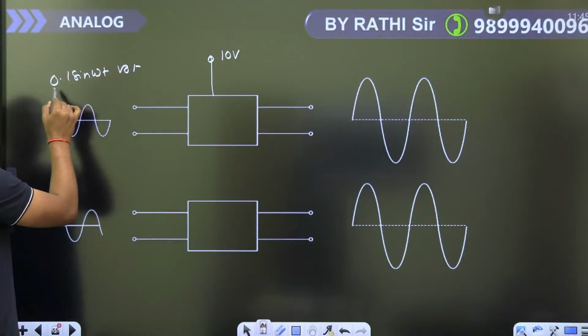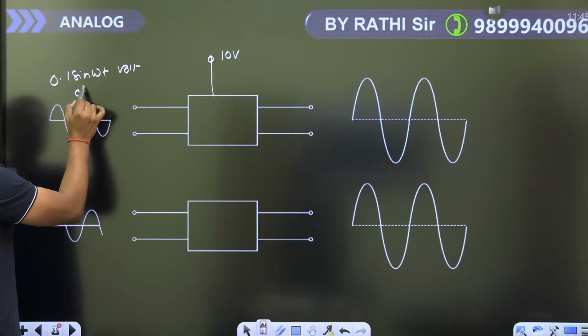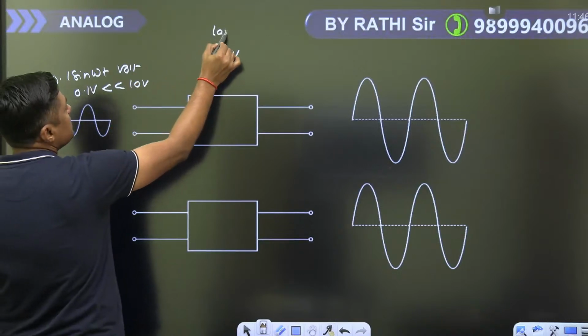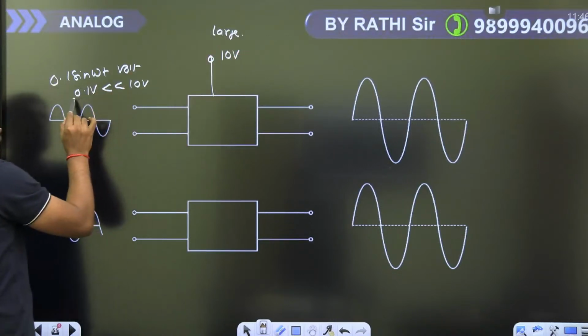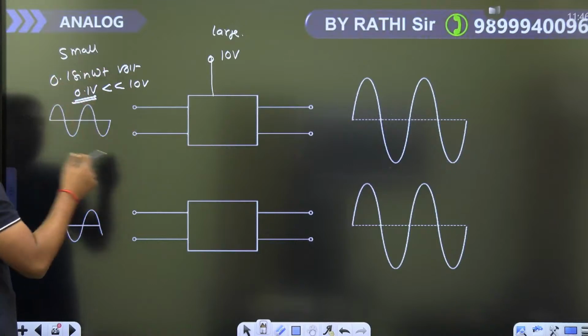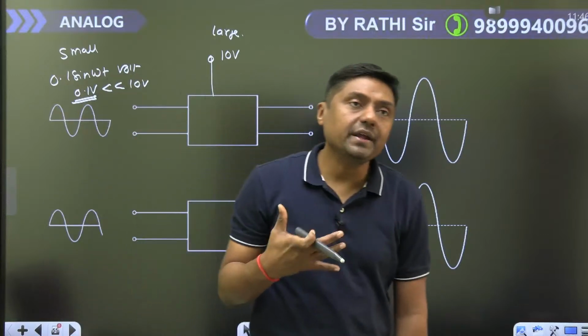So what is the amplitude? Only 0.1 volt, very less as compared to DC. That's why this DC is called large signal and this is called small signal, and this complete analysis is called small signal analysis, just to maintain the linearity.